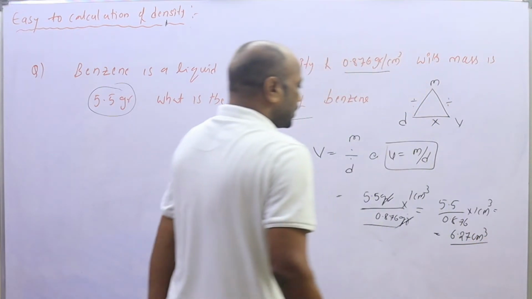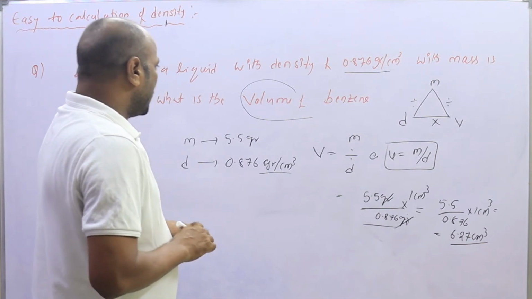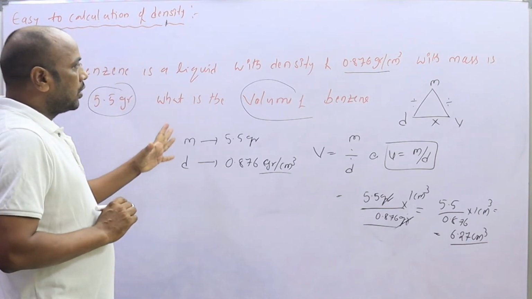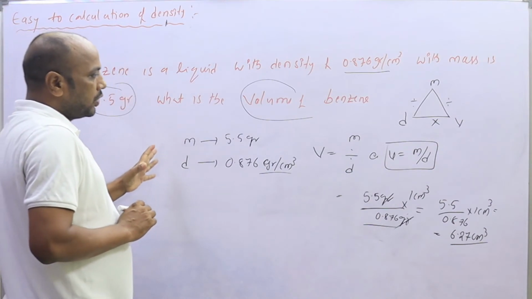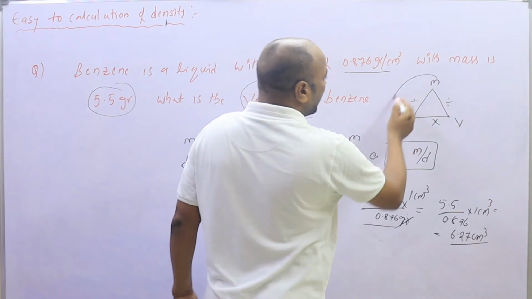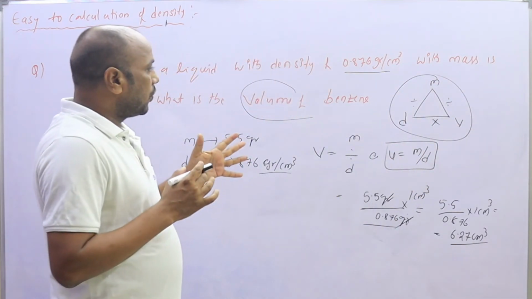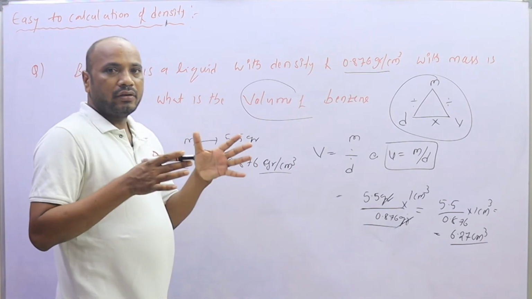The answer is 6.27 centimeter cube. So this is how to find out the volume using this formula. It is easy to calculate volume, mass and density.